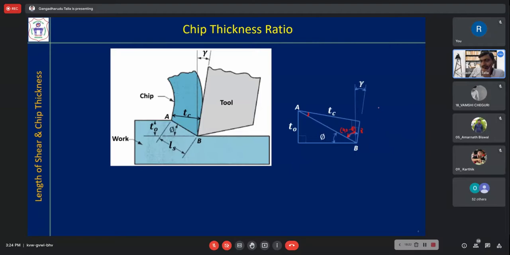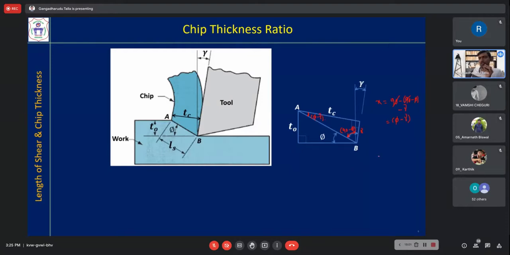If you say that as x, suppose, the total angle should be 180. So 90 minus phi plus gamma, that is 180 minus that, which is 90 plus phi minus gamma. So that is the angle.